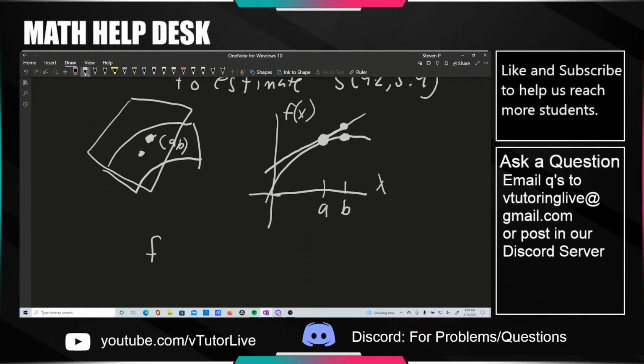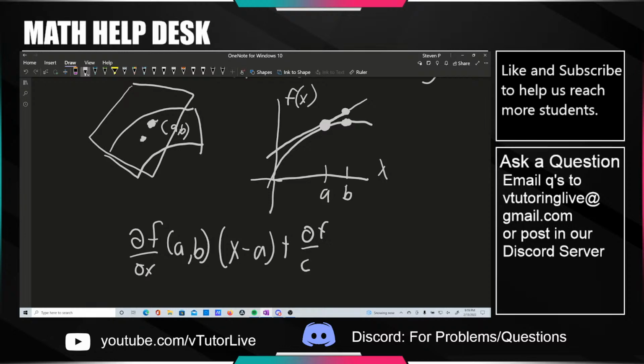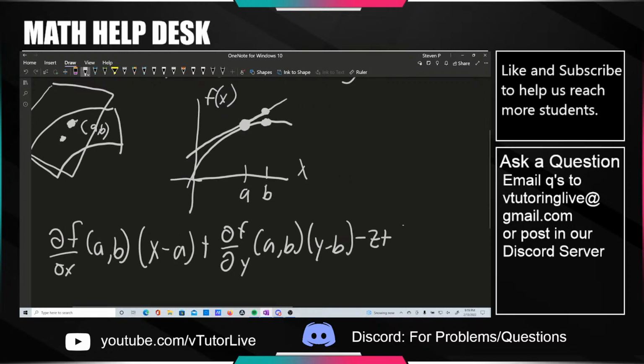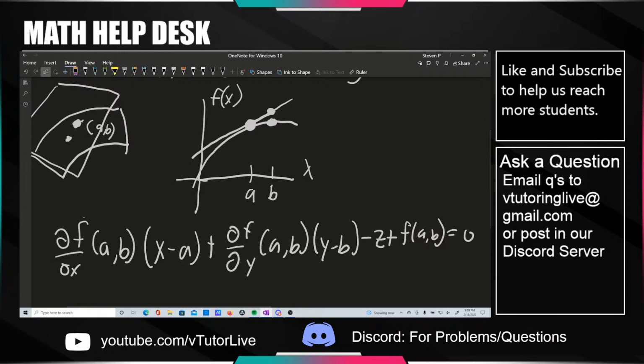If I remember correctly, going off of an open textbook, the equation we have in mind is df dx at some point a comma b times x minus a plus df dy at, again, the point a b, times y minus b, minus z plus f of ab is equal to 0. Maybe I'll rename f to match this problem and just call it s instead, to make things match up nicely.